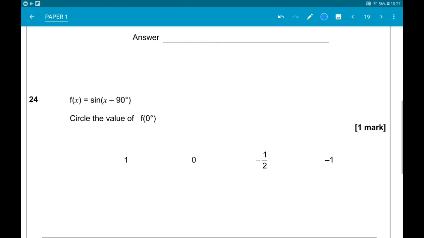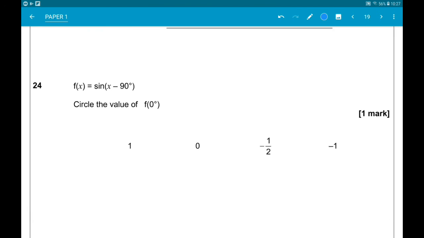Next up, f of x is sine of x minus 90, so I'll call the value of f of 0. Okay, so f of 0 is sine of minus 90.